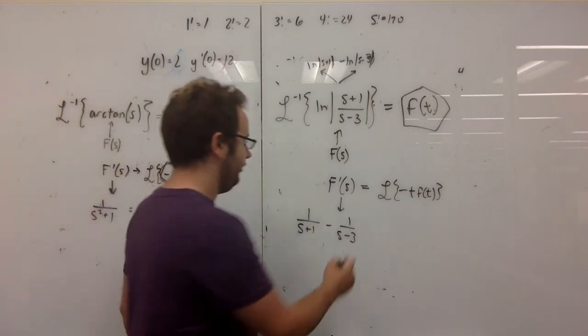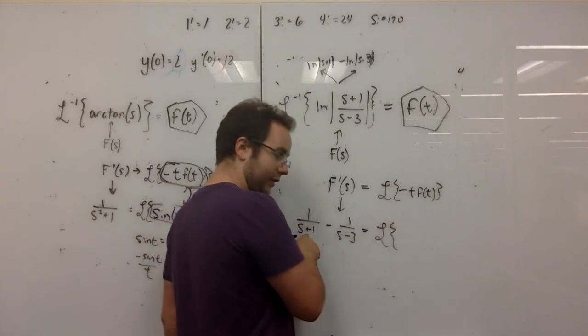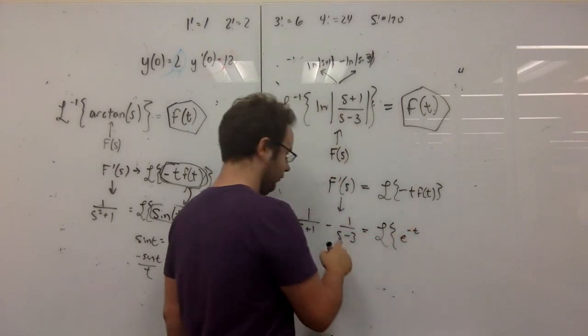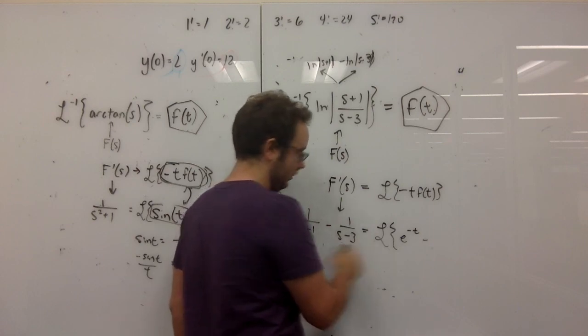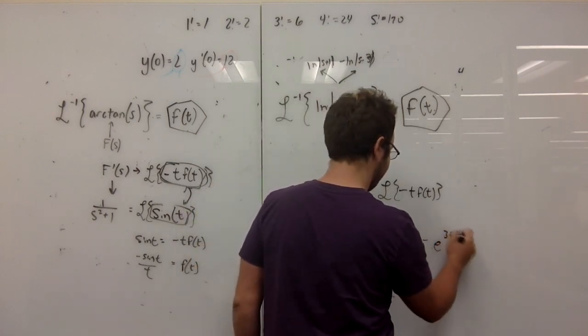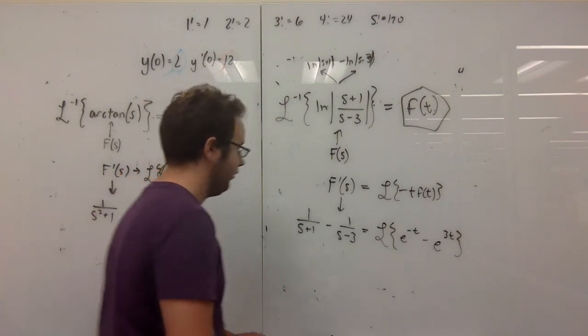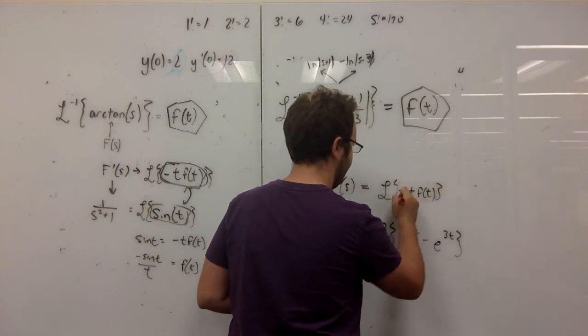This guy is the Laplace transform of what? What functions? E to what power? Negative 1. E to the negative 1, so e to the negative t, right? Minus e to what power? E to the 3t. But now, these guys are the same.